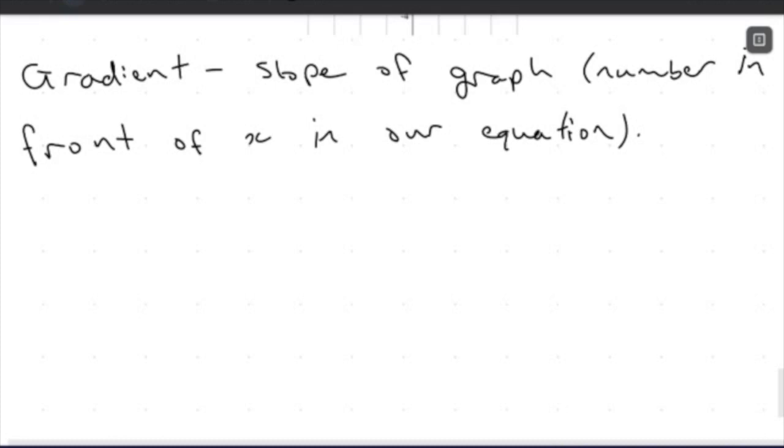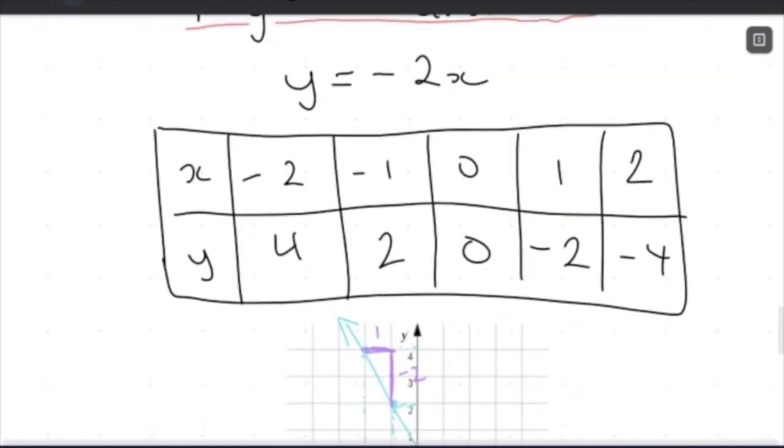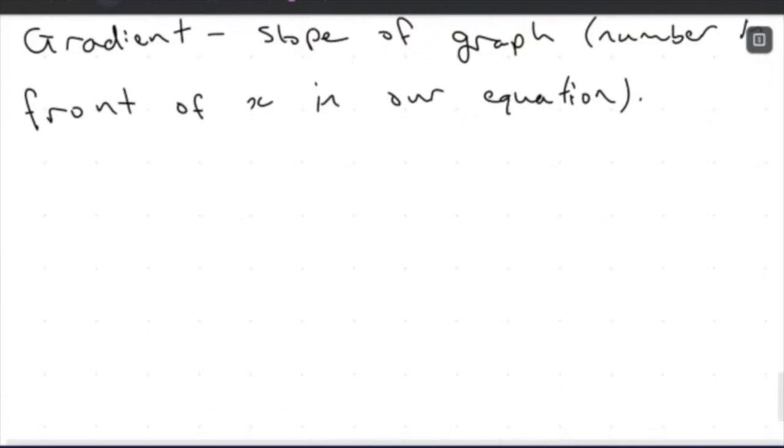But we've defined our gradient as the slope of the graph, or in other words, just the number in front of the x. Sometimes we call these coefficients. A coefficient is just a number that comes before an algebraic term. But in simple terms, the number in front of the x.